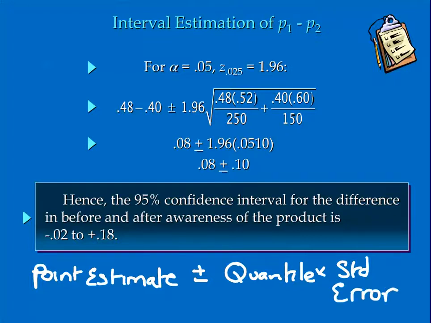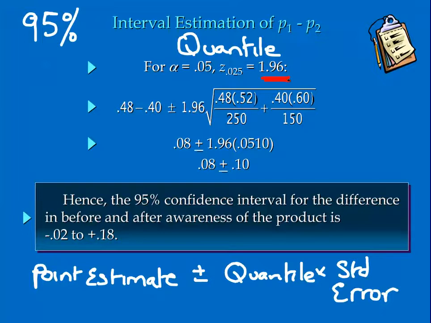Now, we're dealing with a 95% confidence interval. The quantile for a 95% confidence interval when you're dealing with large samples is 1.96.